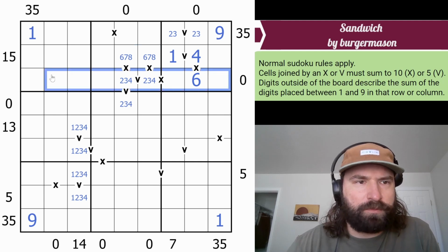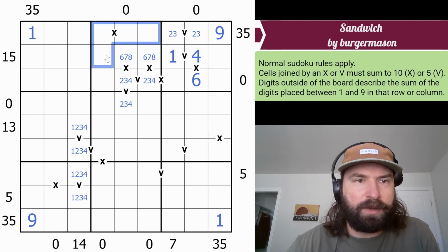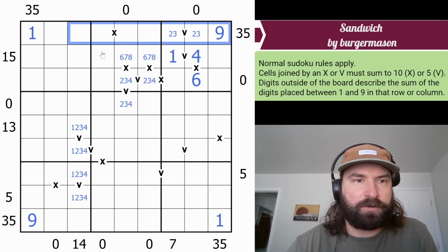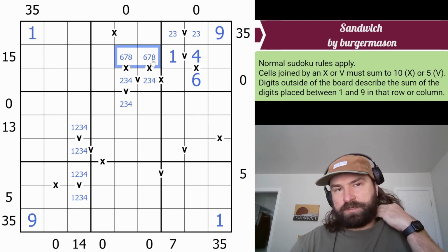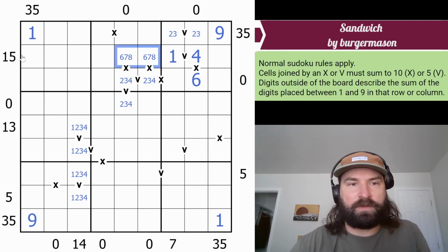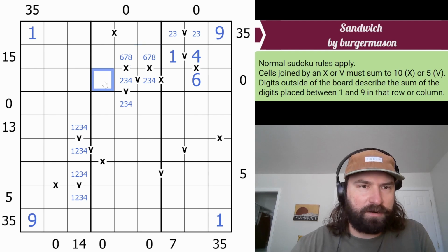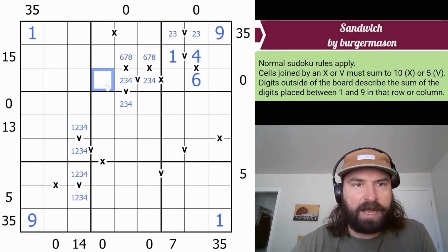All right. So the row total between 9 and 1 has to be 0. And 9 has to go in this box somewhere, and the only spots that it has left by Sudoku are these two, because these can't be 9. So if 9 goes here, that's perfect. This is just 7, 8, because they have to add up to 15. If 9 goes here, is what I was trying to figure out, because it's the only other spot left in the box. Can 9 go here?